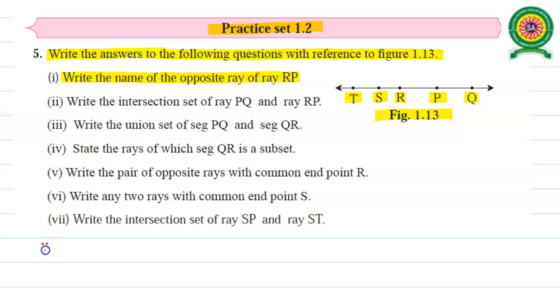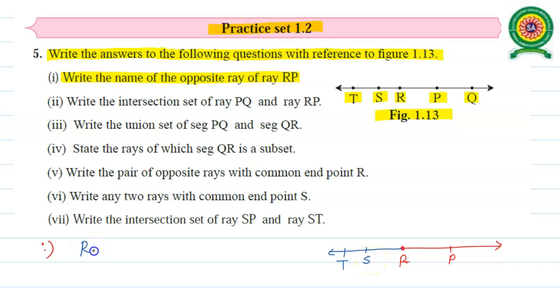First of all, try to find ray RP. Somewhere here we have the point R and the ray RP towards the right direction from point R. Its opposite ray is either ray RS, or you may call it ray RT.